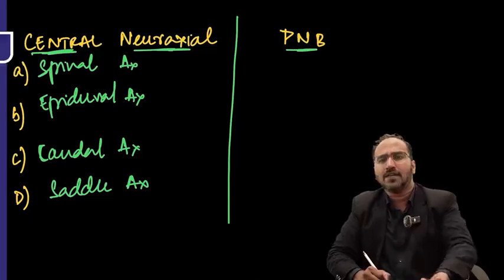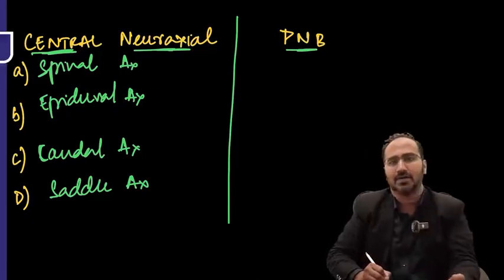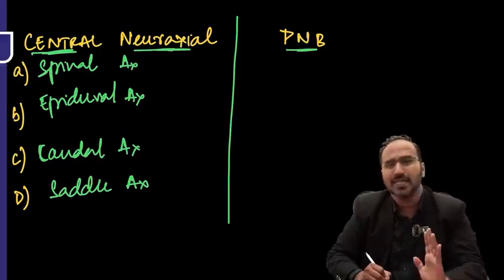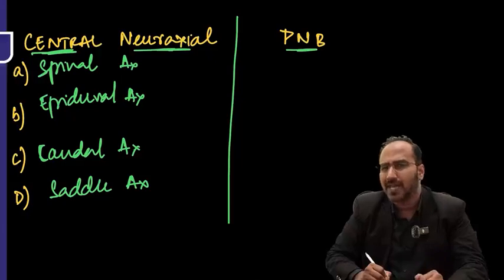Saddle is a form of spinal anesthesia. Normally in spinal, after giving spinal anesthesia, you make the patient lie down, whereas in saddle anesthesia, after giving the spinal, you make the patient sit for some time. This is commonly used for perianal surgeries.